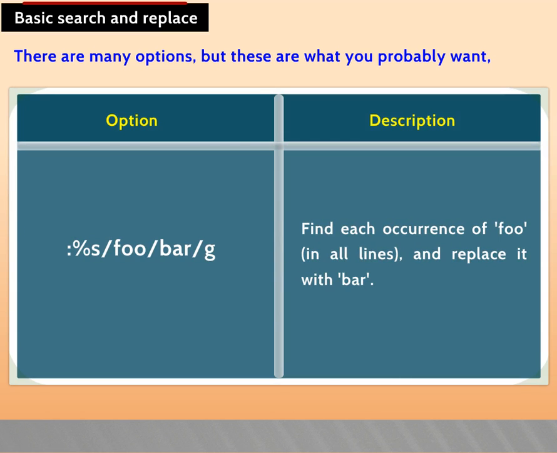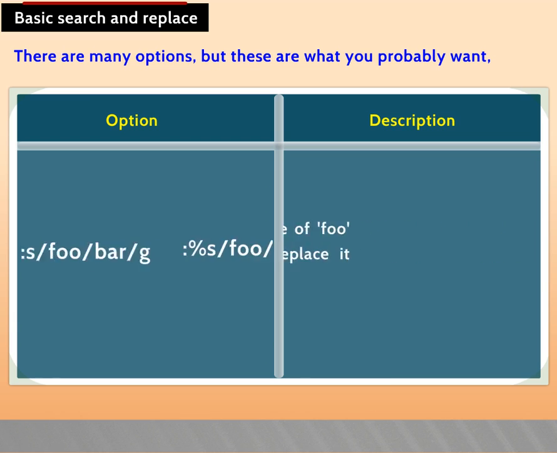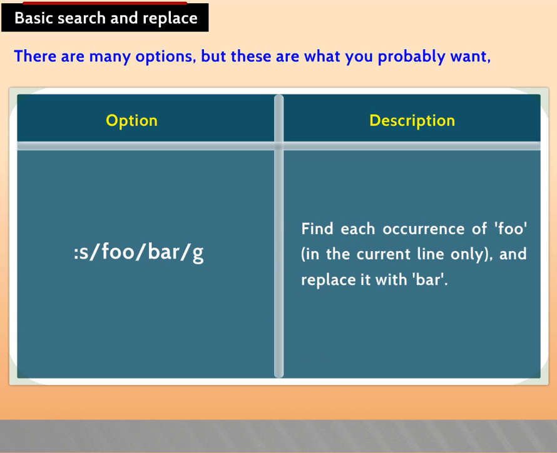Find each occurrence of foo, that is in all lines, and replace it with bar. s/foo/bar/g. Find each occurrence of foo, that is in the current line only, and replace it with bar.